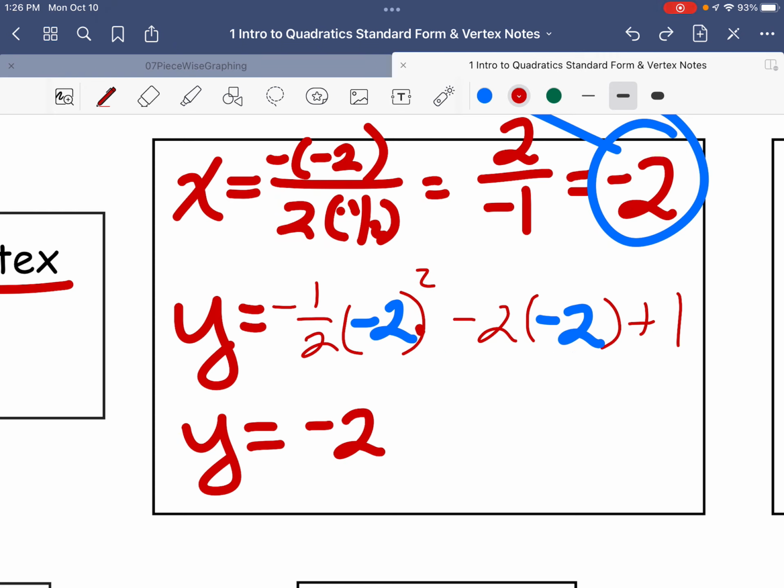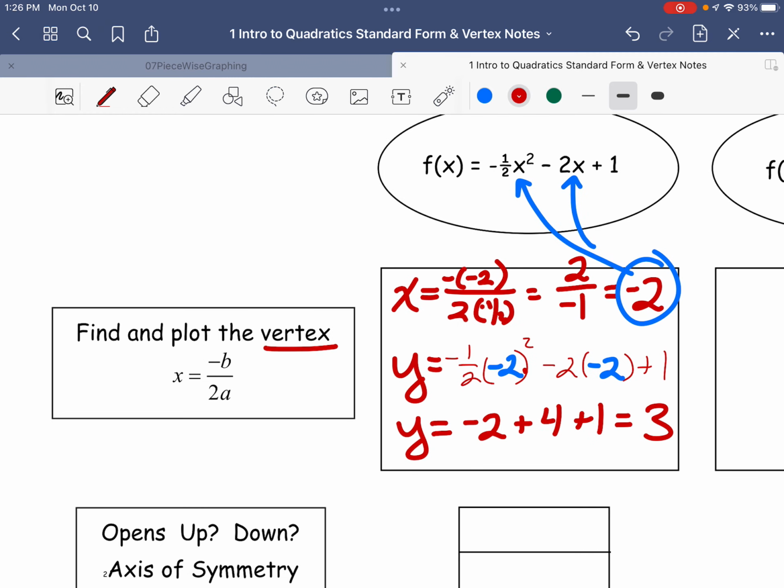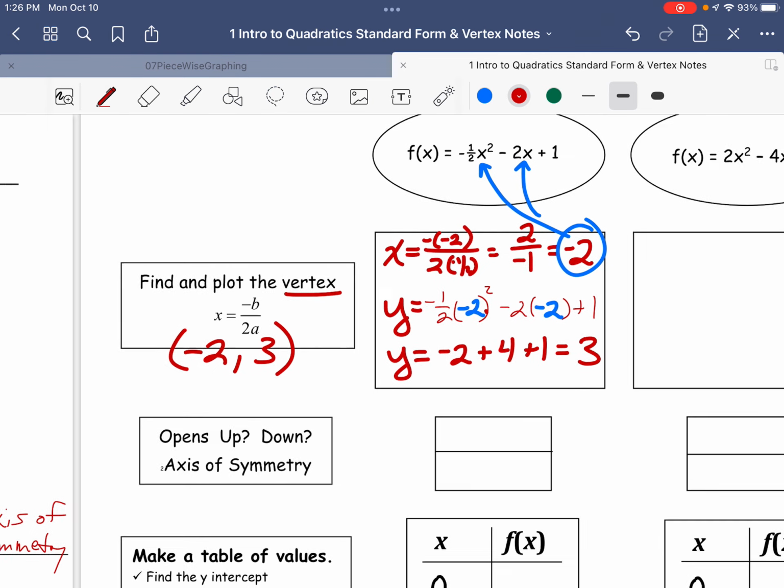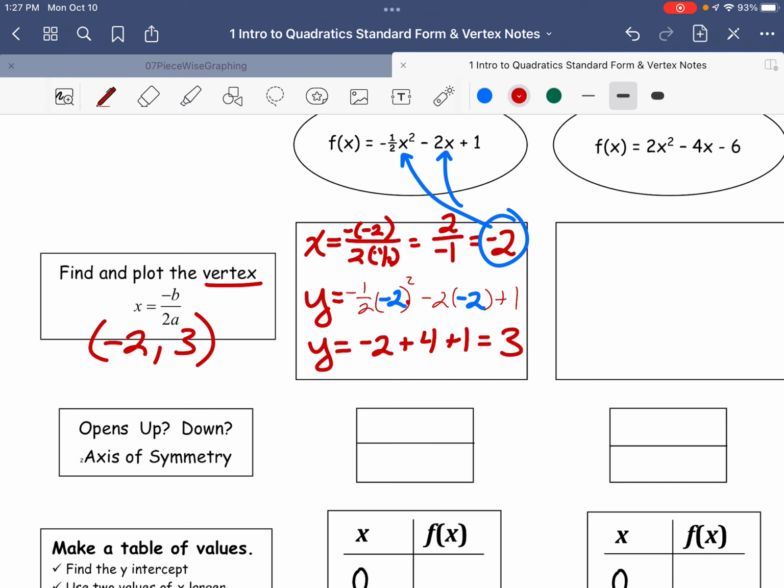Next, I would multiply negative 2 times negative 2, which is actually going to give me positive 4, and then finally you can add 1 to that. We end up getting the number 3. So my vertex is at negative 2, 3. And I want to record that as an actual point, which eventually is going to end up on my graph.